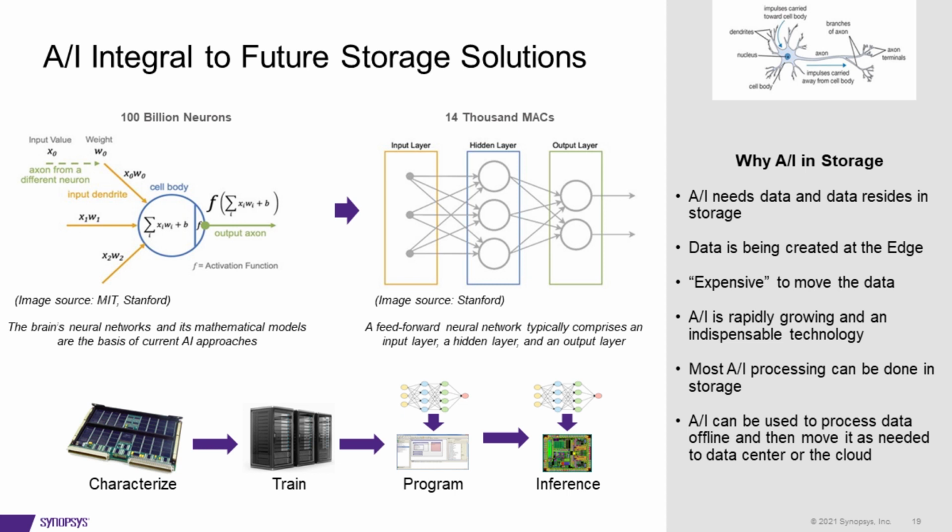Shifting gears to talk a little more about AI. I think most people are aware of the concept of AI, but to reiterate, the whole concept is to take what's traditionally seen in brain functionality and neurons, translate that into mathematical functions, and then create specialized hardware accelerators called neural network engines that can process data in this way.